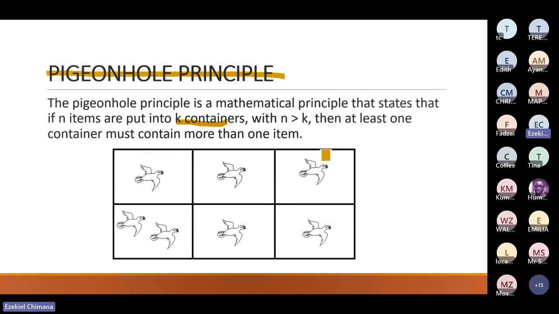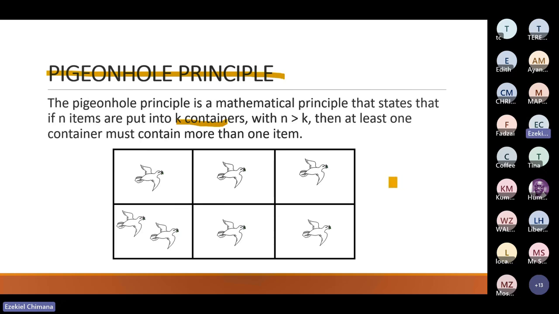What we are saying here is that the number of items is greater than the number of containers, so after placing each item in its own container, you are going to have a container with more than one item.